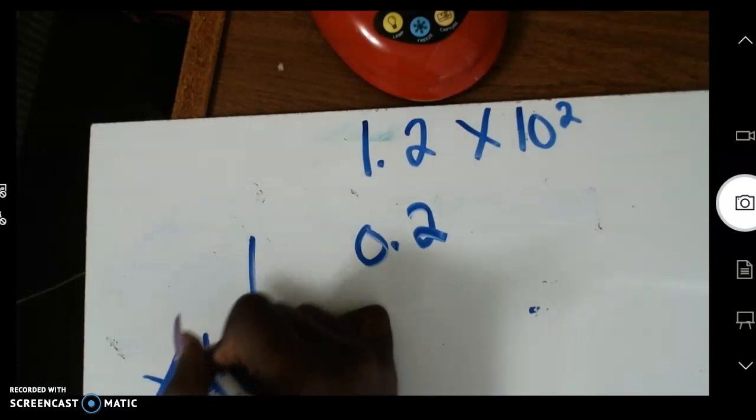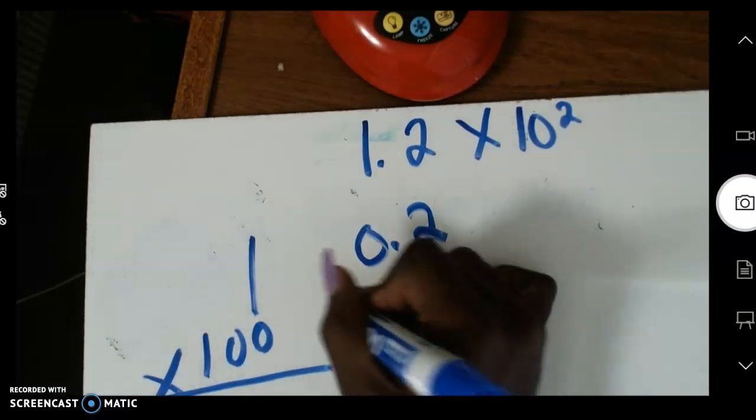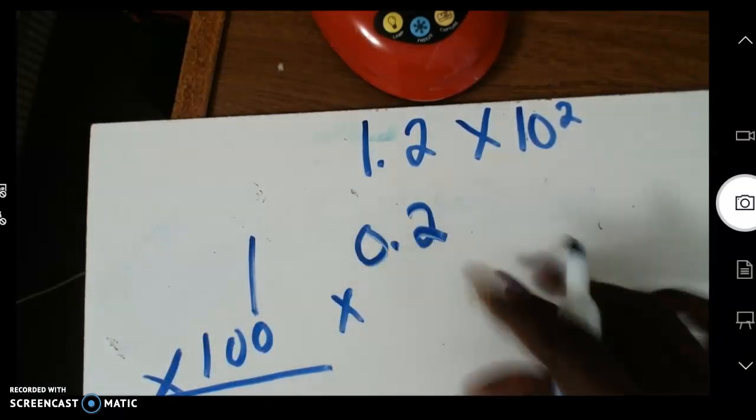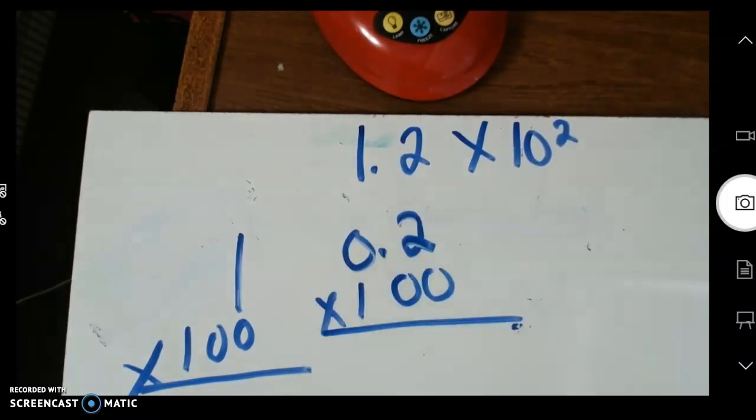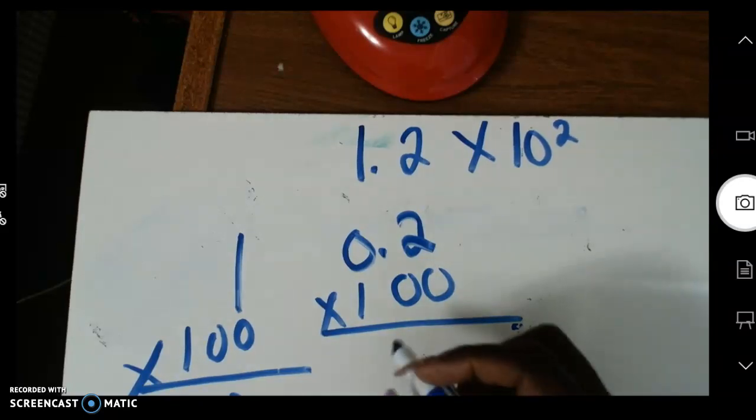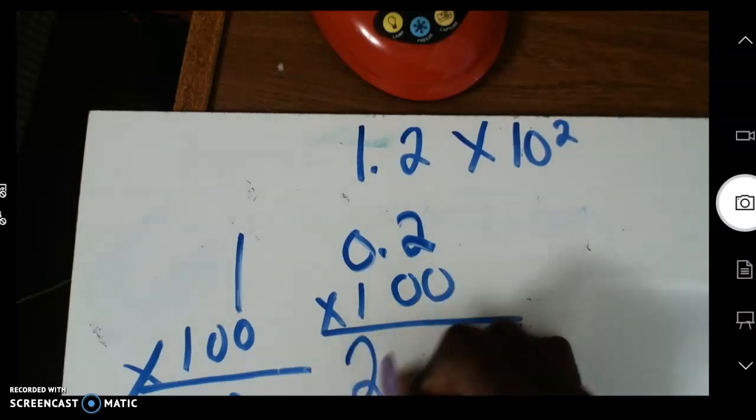So we're going to do 1 whole times 100 and 0.2, or 2/10, times 100. 1 times 100 equals 100. 0.2 times 100 equals 20.